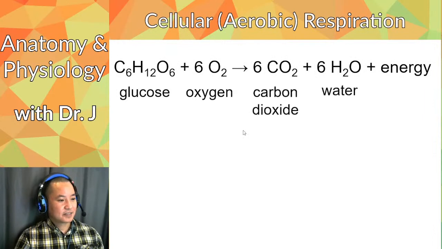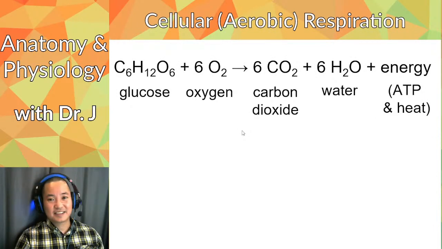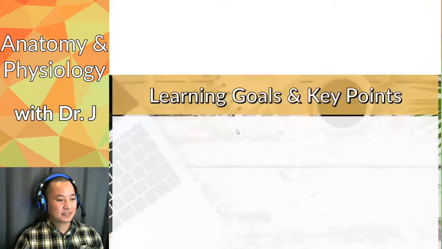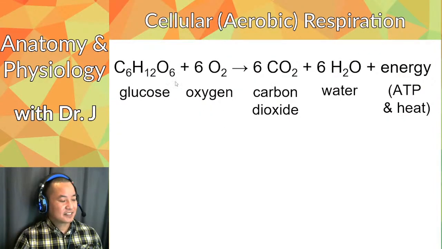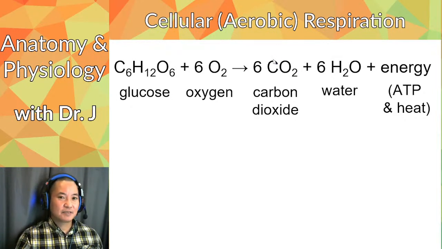All right, this is what I want you to know, and this is why we have this equation right here. We took the glucose, did glycolysis, and broke it down into pyruvate, and from that pyruvate we lopped off carbon dioxide, so that's one source of carbon dioxide. We made acetyl-CoA and fed it into the citric acid cycle.